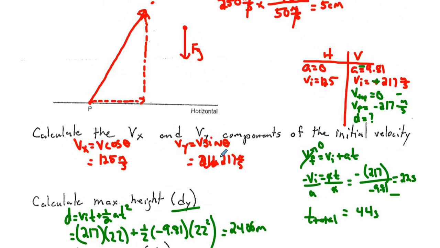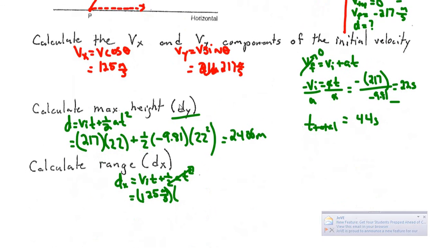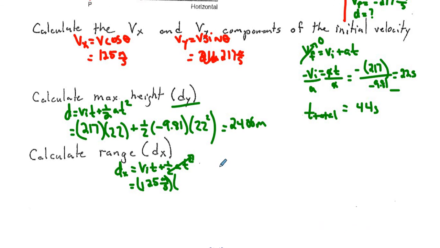If we sketch this out, it's going to take a parabolic path down to the ground, and it's going to spend the full 44 seconds in the air moving horizontally. So that worked out to be, to 2 sig figs once again, 5,500 meters.